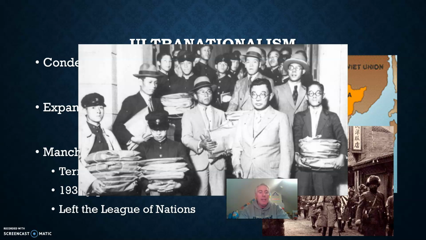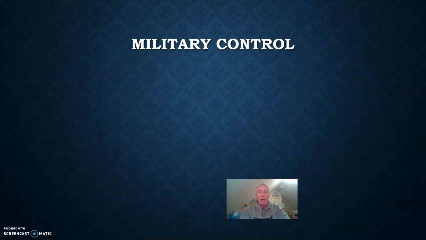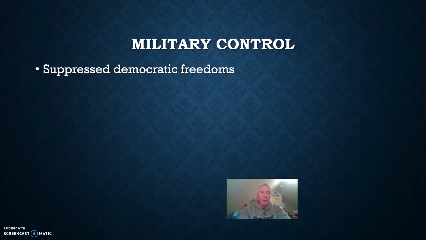Now, aside from adding to the size of the Japanese empire, the Manchurian Incident showed that Japan was firmly under military control. By 1937, the military elite were firmly in control of Japan and made several sweeping changes. All of those democratic reforms that I talked about, well, those were thrown out the window. They suppressed democratic freedoms like freedom of speech and freedom of the press. You could no longer speak openly out against the government.